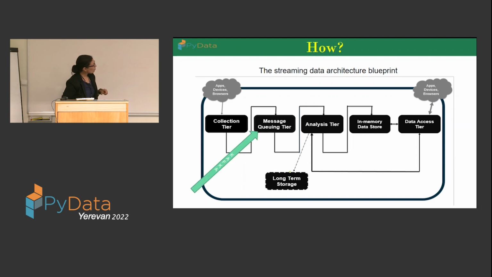And as I told you, there are 2 important ones. If you ask me which ones are more important, I tell you that message queuing and analysis tier are more important. They are the heart of data streaming. The importance comes from 2 very good tools.